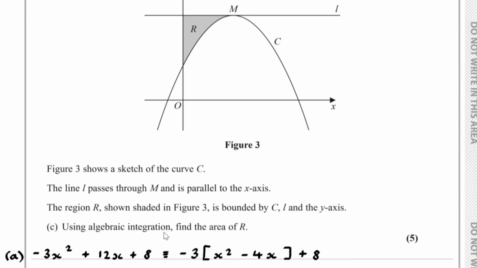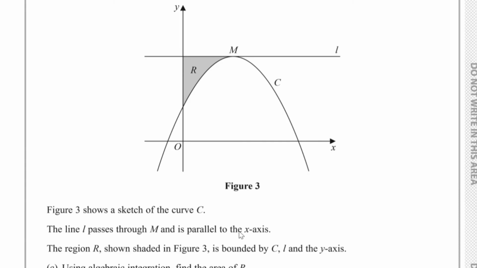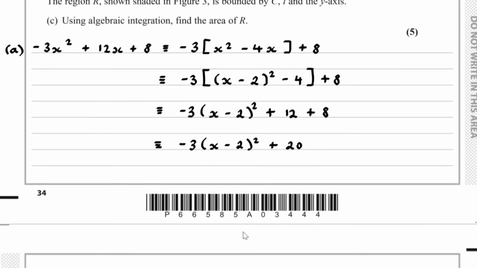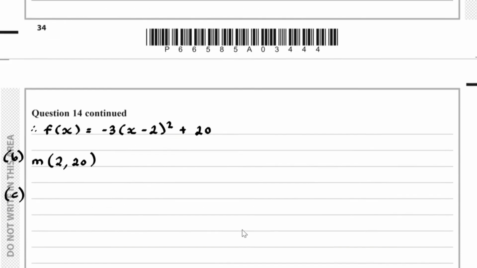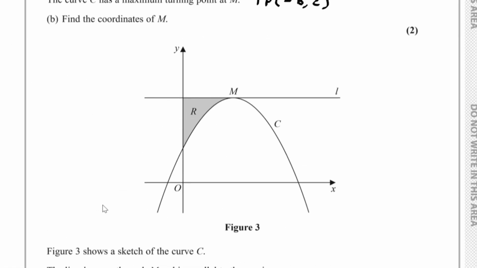We have to use algebraic integration to find the exact area of R. Well, L would have equation y equals 20. It's parallel to the x-axis and it's a tangent to the curve. So L has equation y equals 20. Let's find out the area of the rectangle. Now, what do we mean by that?